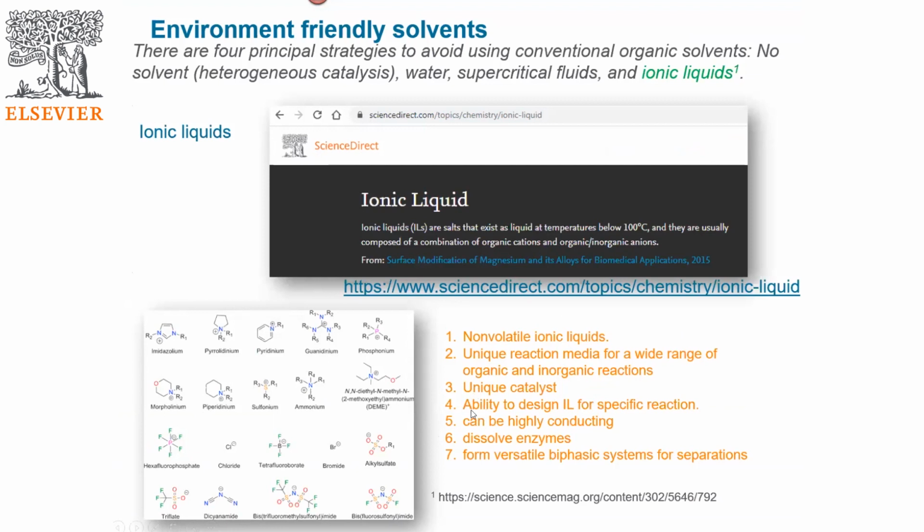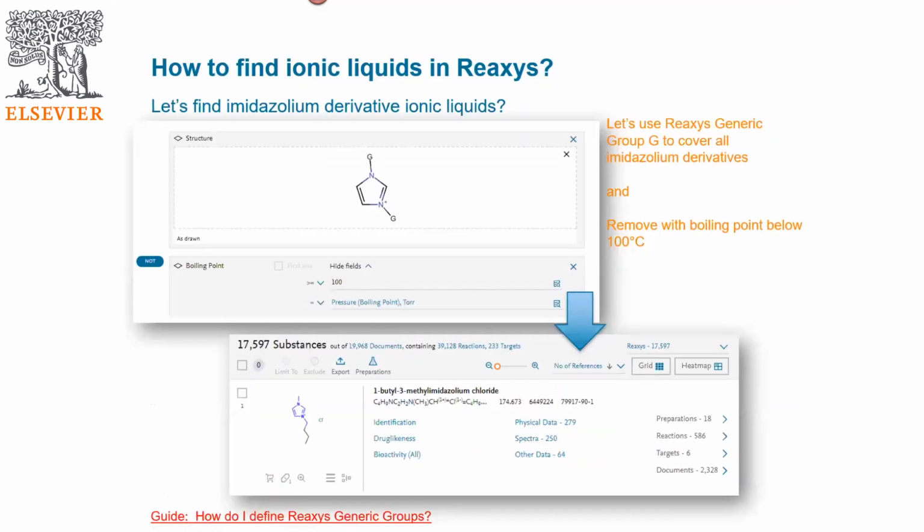So this is exactly the ability to design an ionic liquid for a specific reaction. They also have very high conductivity, and you can try to get some benefits from it. Ionic liquids can dissolve enzymes, and they can easily help you with the formation of biphasic systems for separation of compounds.